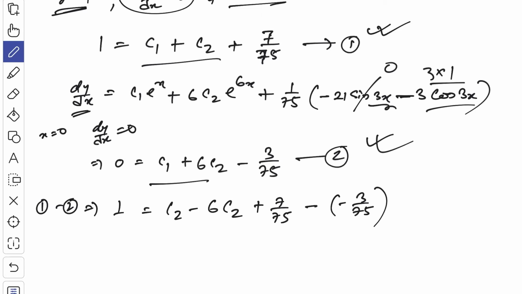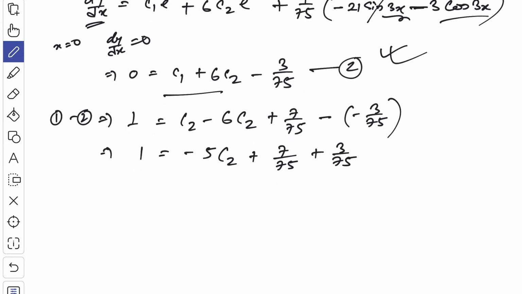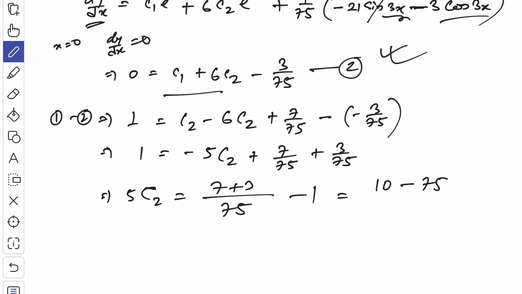So now here you see, this is 1 minus 5 c2 then plus 7 by 75 plus 3 by 75. So let us simplify this: 5c2 equals, 7 plus 3 minus 1 over 75, that's going to be equal to 10 minus 75 by 75.